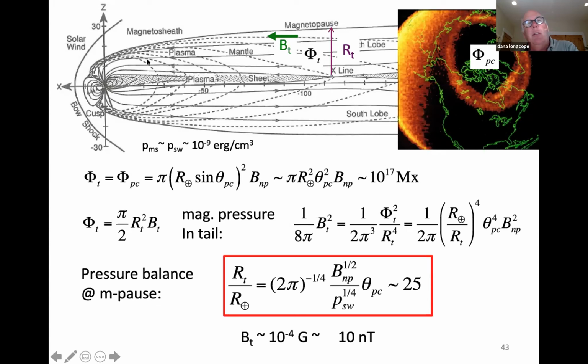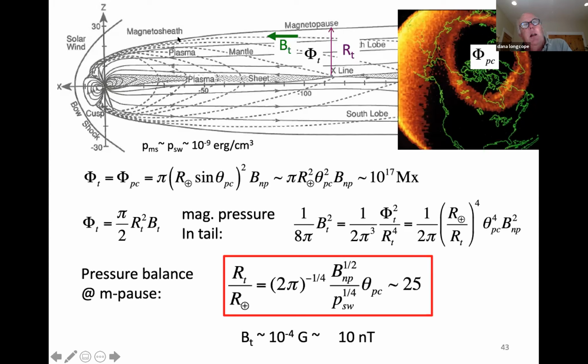And we're going to assume that same amount of flux is present in the upper half of this lobe, and figure out how big the magnetotail has to be. So the question is, how strong is the magnetic field there? We're going to once again say that the magnetic pressure there, B squared over 8 pi, has to balance the pressure of the solar wind.